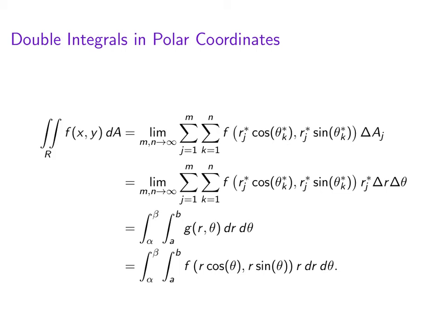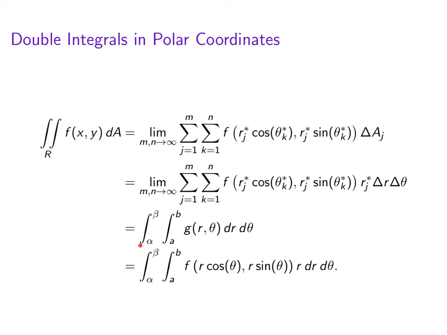So here's how we can evaluate a double integral over a polar rectangle. It's the limit of the Riemann sum that we just talked about, the double Riemann sum. The delta A sub j turns into r sub j star delta r delta theta. This limit of a Riemann sum turns into a double integral.